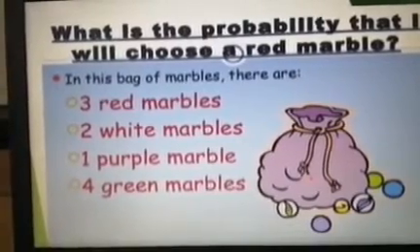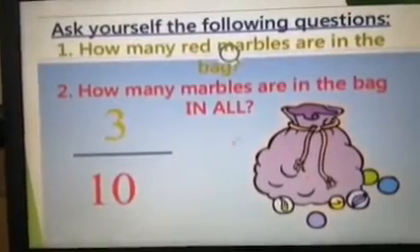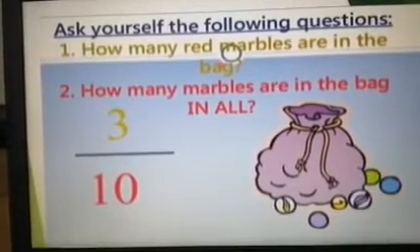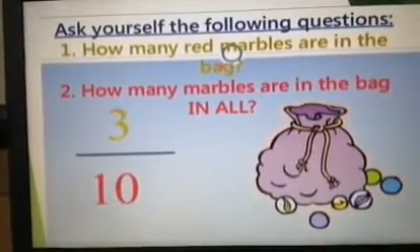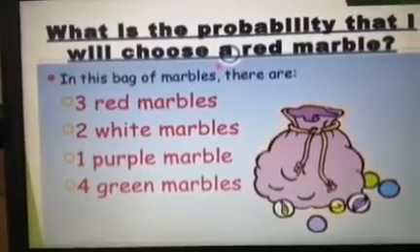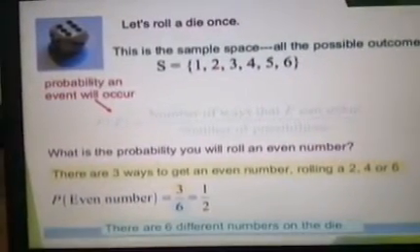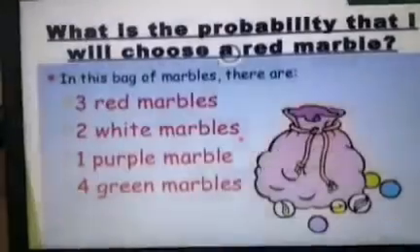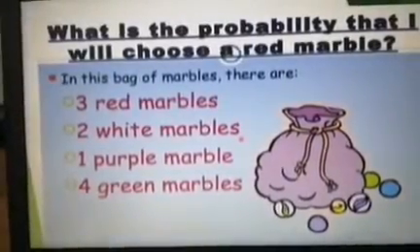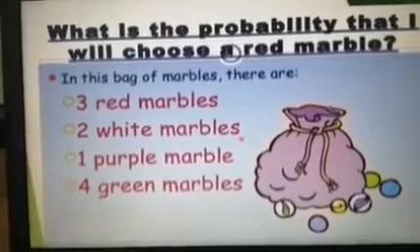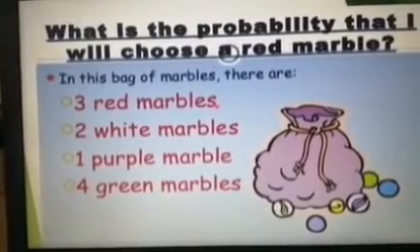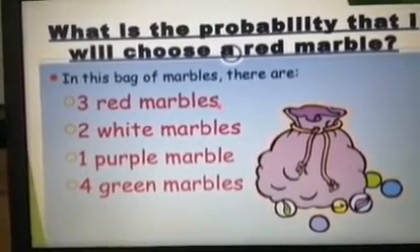Now the question is, what is the probability of getting a red marble from the bag? What is the formula that I told you? The number of ways that event E can occur divided by the number of possibilities. How many red marbles are there? 3, right?